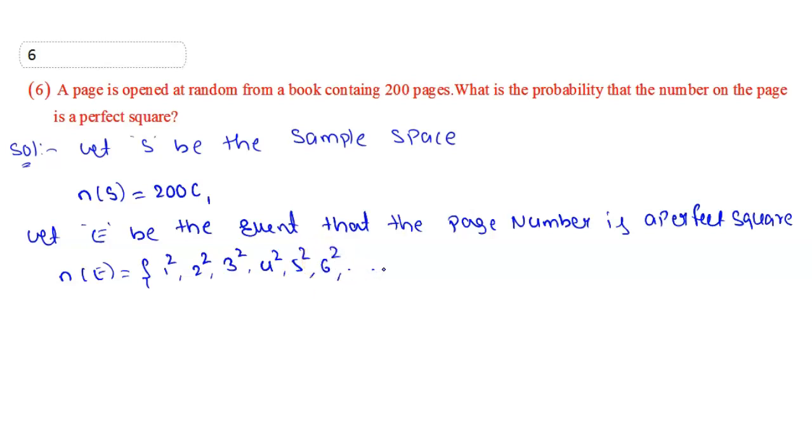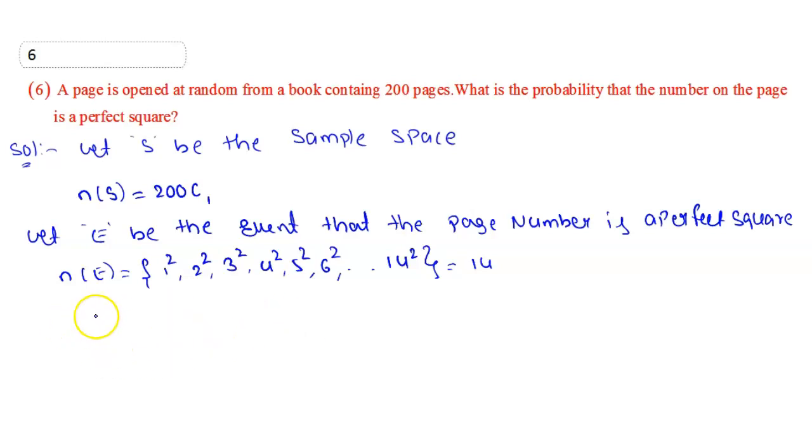Since the limit is 200, we need to go up to 14 squared. 14 squared is 196. 15 squared goes to 225, so below 200 only we need to take. So I am taking up to 14 squared. How many numbers are there? 14 numbers are there, right?